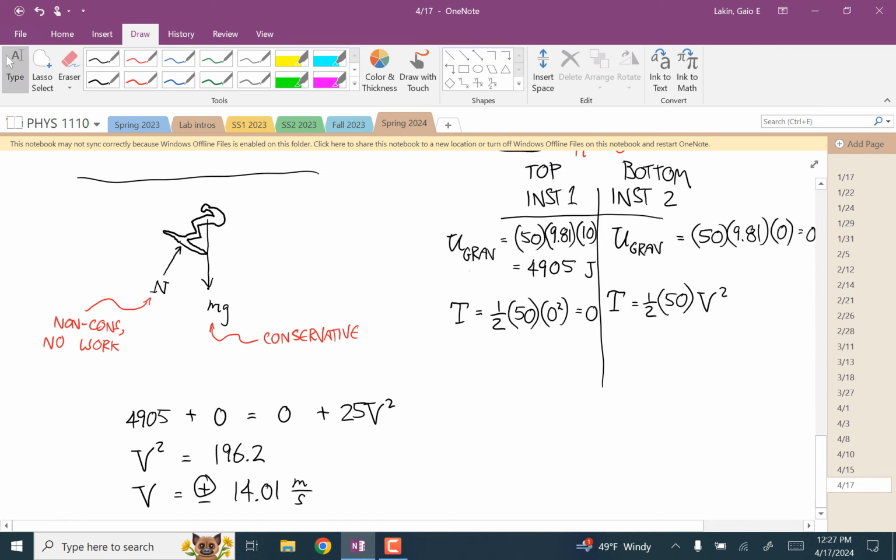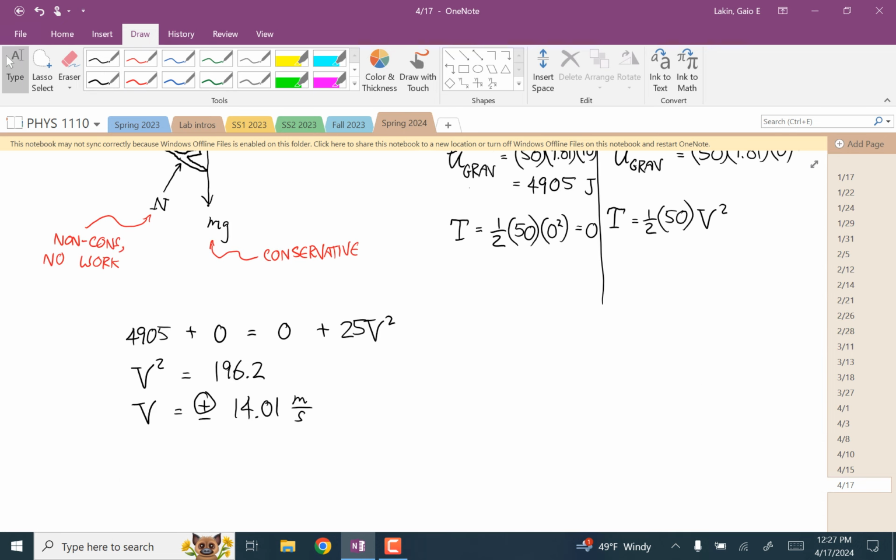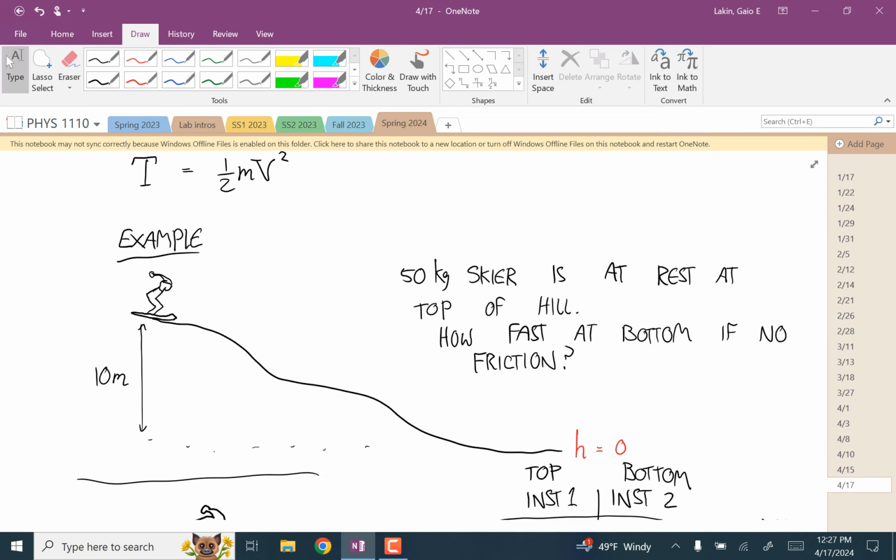I want you to notice something amazing about this. Notice how I drew the hill here. The fact that these are conservative forces means that this is the answer no matter what the shape of that hill is. It could be going up and down like a sinusoidal curve the whole way. It could be straight down. It could be fast down and then run along the flat for a while.